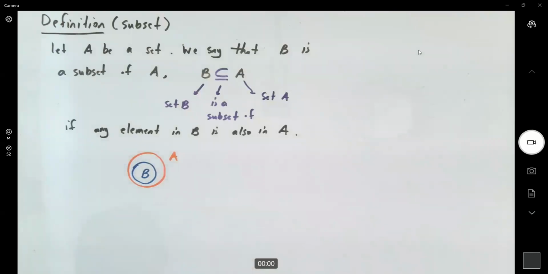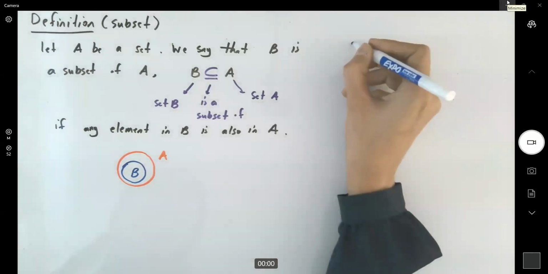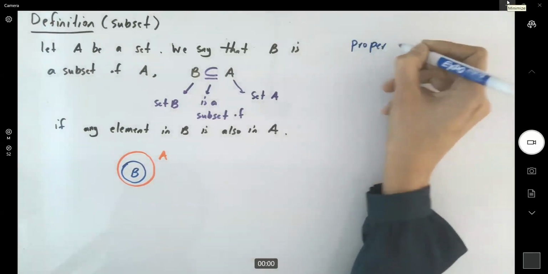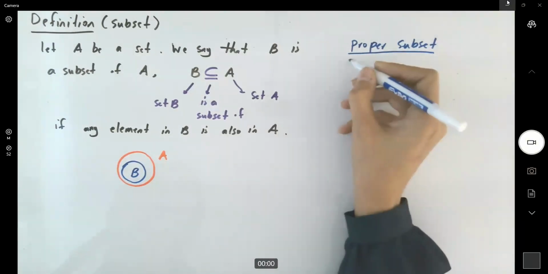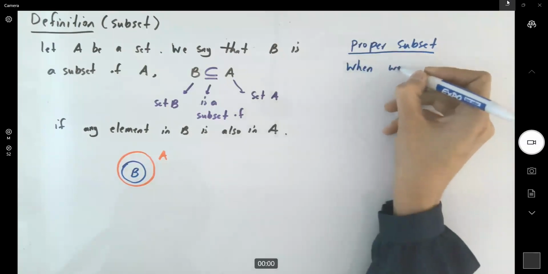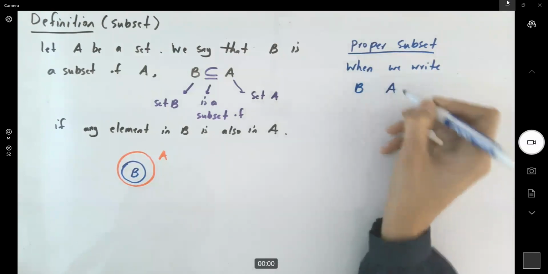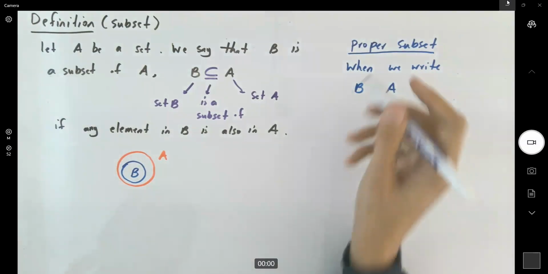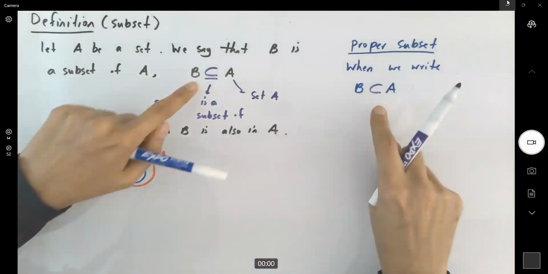Okay, very good. Just note that we have another definition that we call a proper subset. Let us write this guy down here. Proper subset. When we write B, a subset of A, without any equality line, so compare these two.